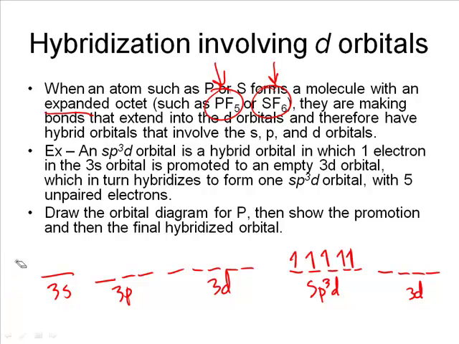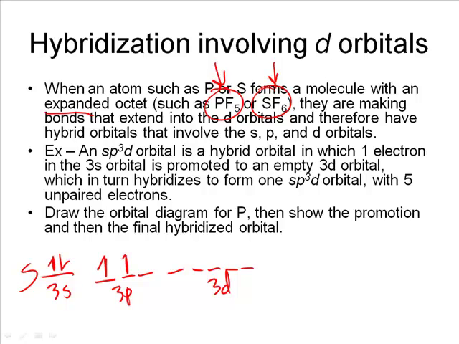With sulfur, again, something somewhat similar here, where sulfur starts as 3s2, 3p4. So in this case, this electron gets promoted up to here.